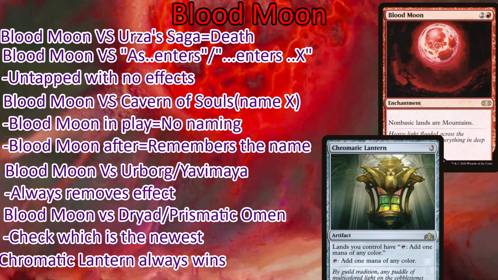And the thing to understand here is that Blood Moon doesn't actually remove the abilities, it makes the nonbasic lands into Mountains, and that means that by game mechanics a Mountain is a land that has the ability to tap to add red mana, so it's pretty much a game rule, let's say. So that's why it does not stop Chromatic Lantern. It doesn't matter if we had already Chromatic Lantern or we played it later.